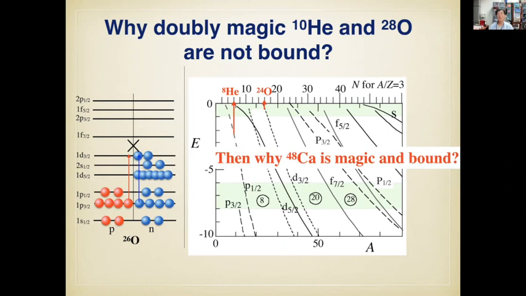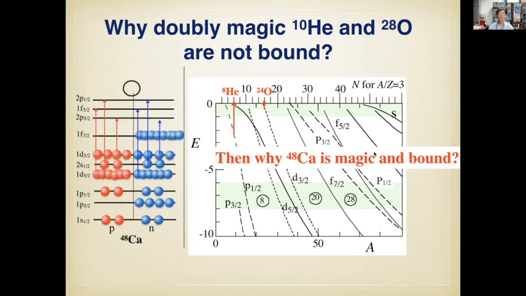A neutron-rich doubly closed shell. Now, if you look at calcium-48, neutrons are increased in the F7/2 shell.